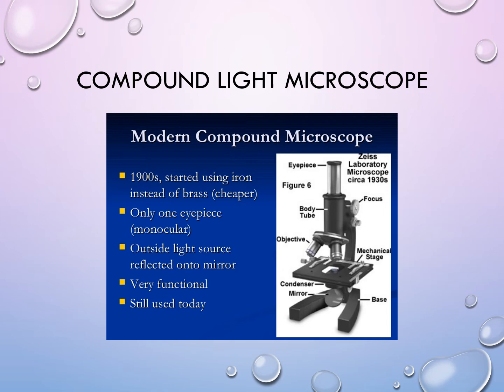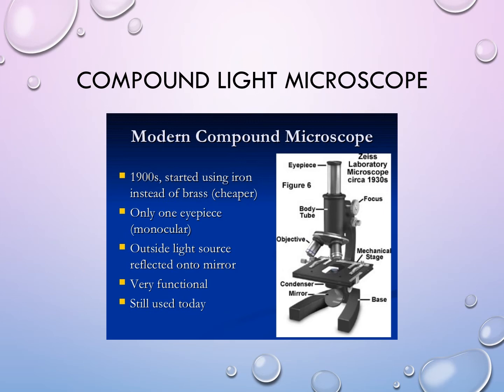Now this magnification maxes out at about 2,000 times. So if we're going to see really little critters, then we're going to have to use a different kind of microscope. However, the 40 times lens is called the high dry lens, and it's used to see larger microbes like algae and protozoa.